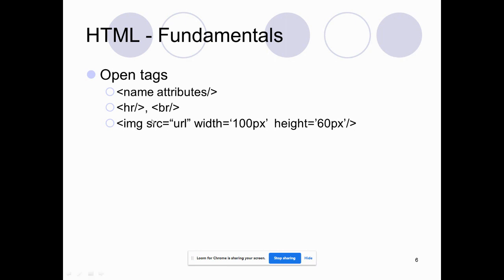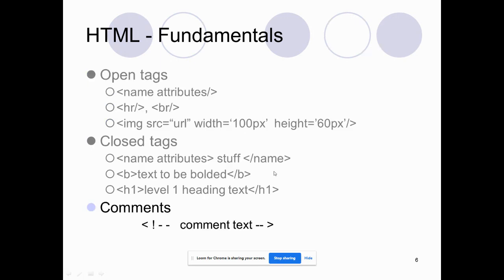SRC is the attribute and URL is the link. Width is the attribute, and the attribute value, width equal to 100, specifies its attribute value. And this comment, we can use any comment for the purpose of readability.